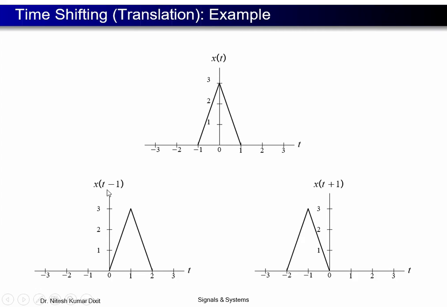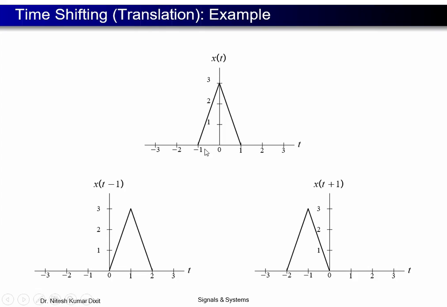If we apply x(t minus 1), the value of b is 1. If we apply this to the given signal, we find the signal is shifted by 1 to the right side of the x axis.